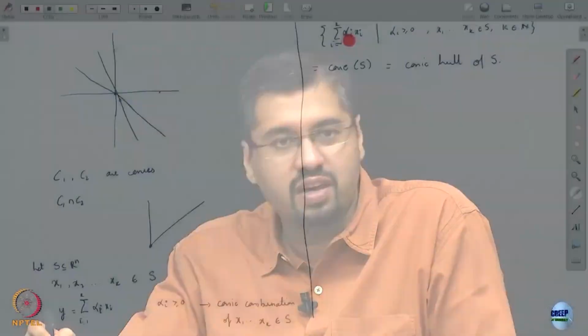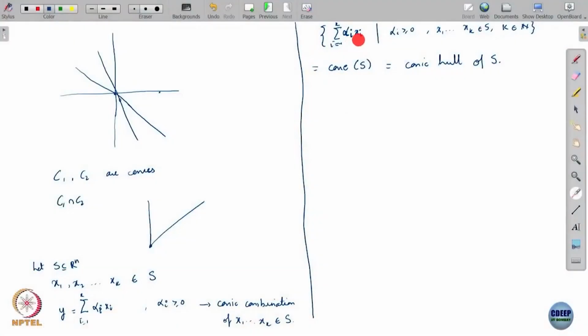So, the conic hull is a convex cone. That is because of the way we have defined it. It is very easy to see that if I take a convex combination of two points in the conic hull, that convex combination also lies in the conic hull, right. So, a conic hull is not the smallest cone, but the smallest convex cone that contains it.